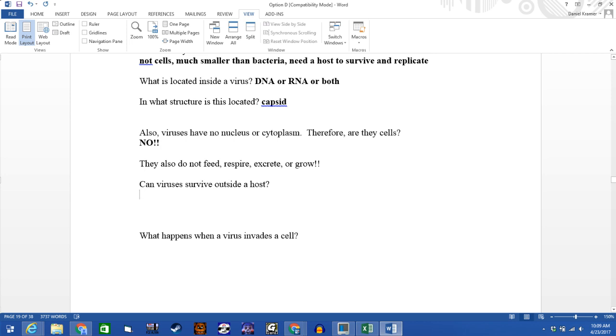Now, viruses obviously must be able to survive outside of a host for a little while, otherwise we wouldn't be able to transmit them, whether it's cold viruses going through the air or stomach viruses going through surfaces. But you should be able to at least write that it's only for a limited amount of time. It does depend on the individual virus.